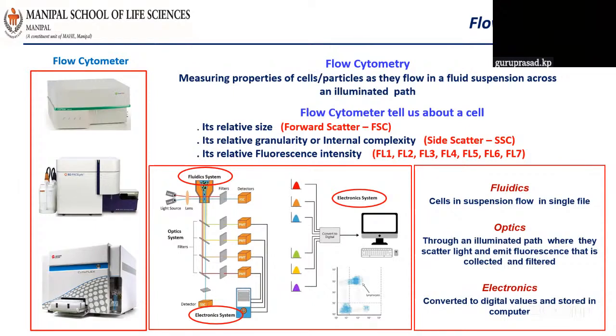The flow cytometer has three important components: fluidics, optics, and electronics. In the fluidics, we are suspending the cells. Generally, we have to make a single cell suspension, which means each and every cell should be a single entity.